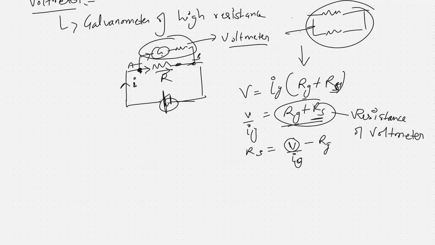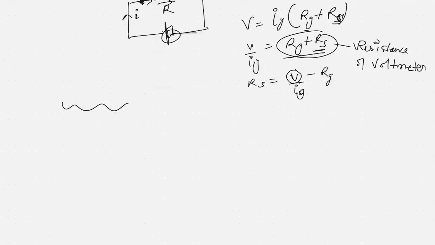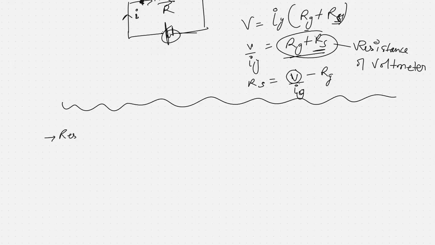All right. So let's try to solve some problems on this also. We'll call this the last topic, maybe. The resistance of the galvanometer coil is 100 ohms.